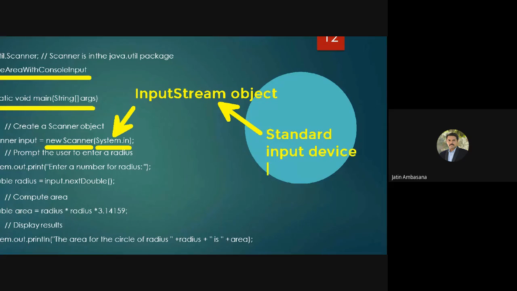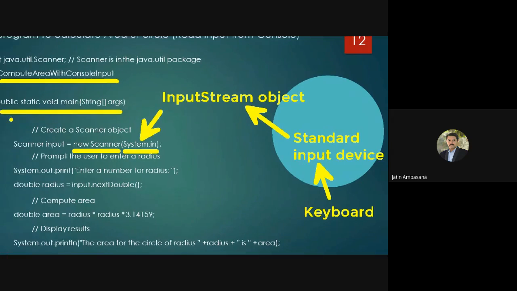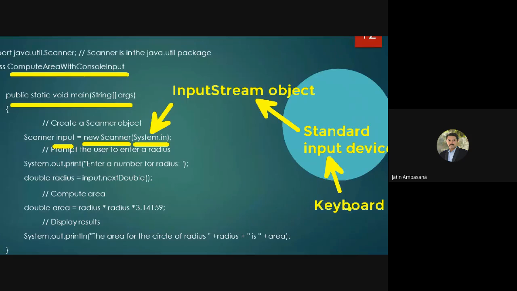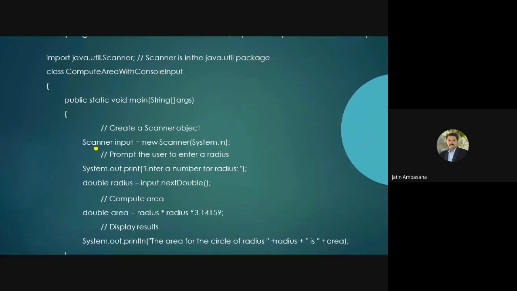What is the standard input device? Normally in almost all PCs or laptops, it is the keyboard, right? So through the Scanner object you are directly using the keyboard. You'll be getting the input from the keyboard when you say System.in. It may be different also. You may even provide a different stream, like a file stream.